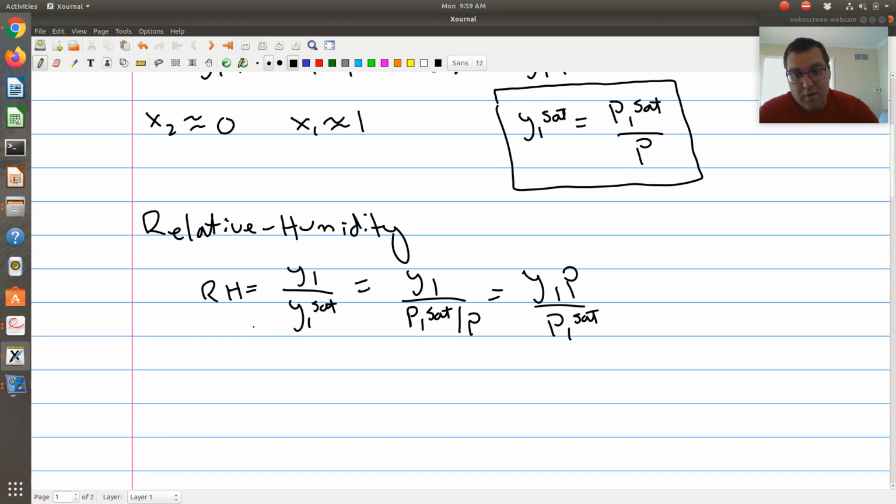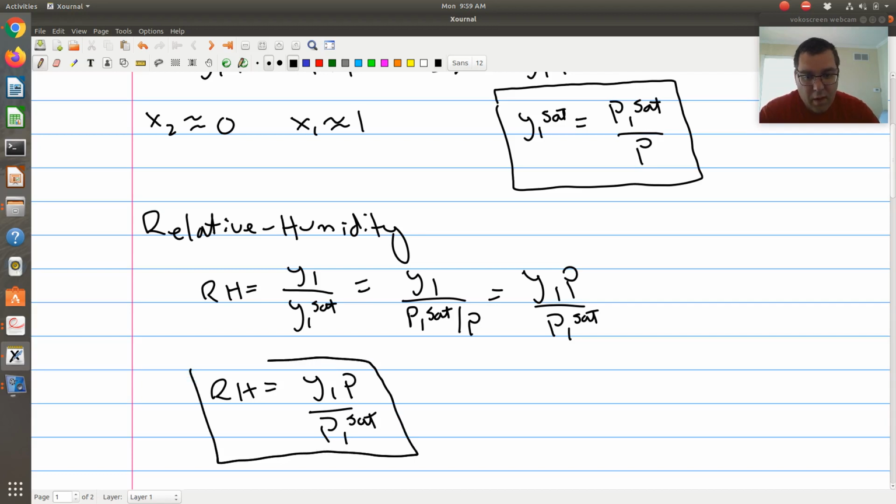So my relative humidity is defined as y1P over P1 sat. The picture to keep in mind when you think about relative humidity is you're looking at the composition of component 1 in my vapor phase and seeing how close it is to the composition at saturation. Okay, cool. So that is relative humidity.